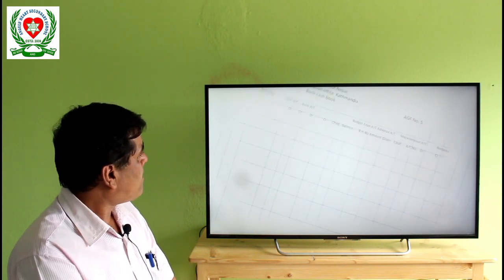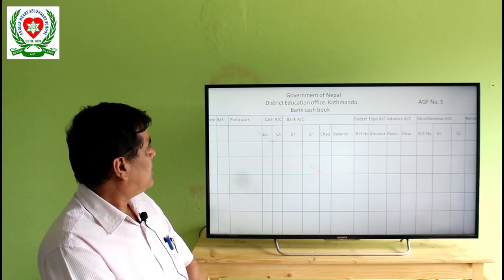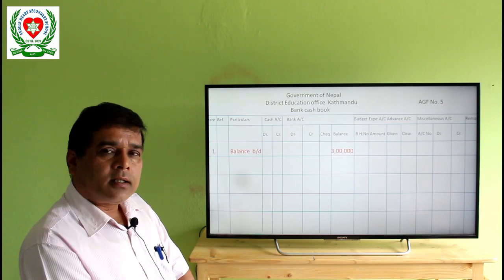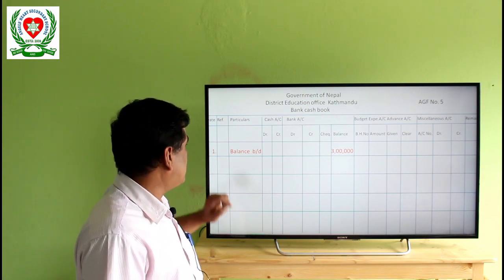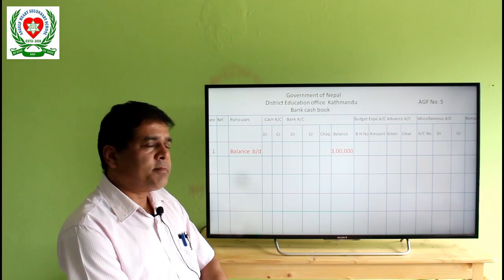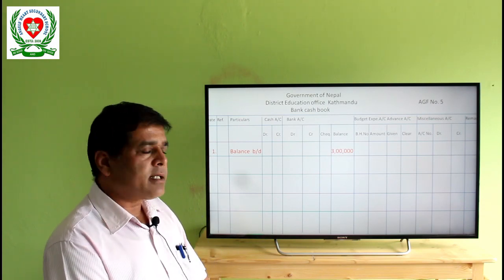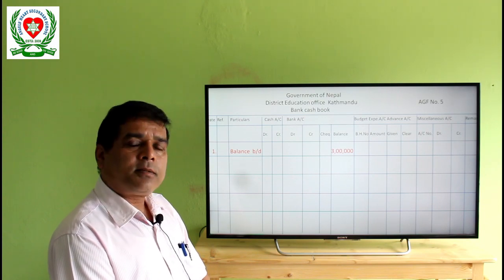Let's see there. It is the format. In place of date, number 1 is given. There is not written date. Otherwise, date should be written in this column. And balance BD, it means bank balance till the date was there in the question. It is balance BD.